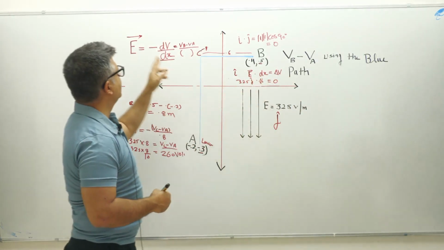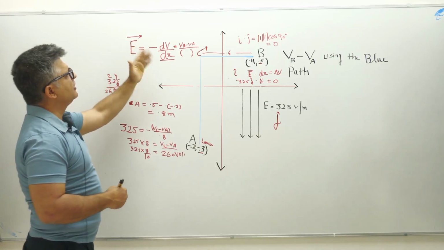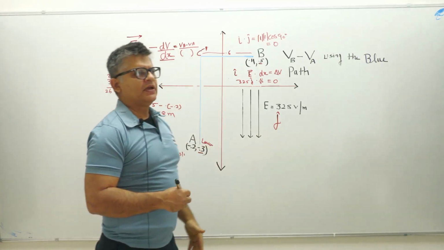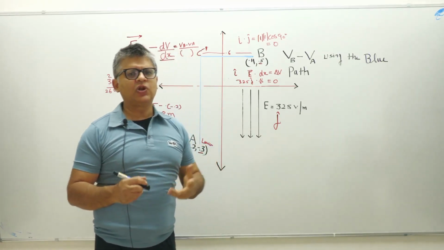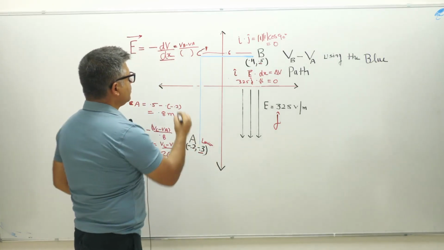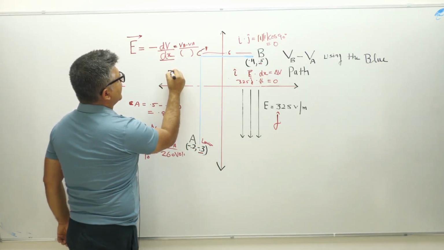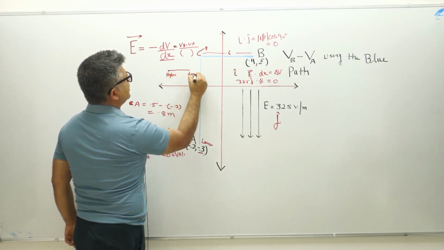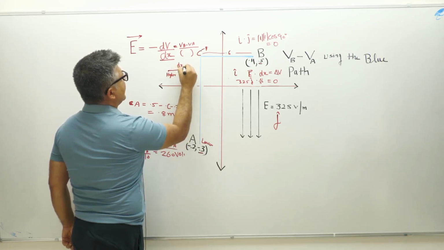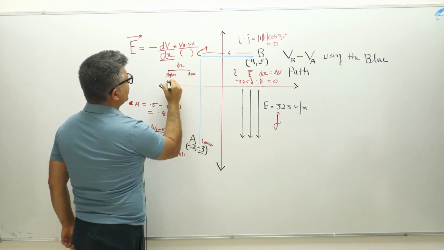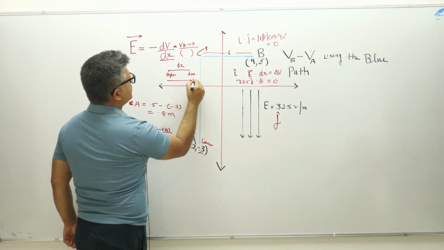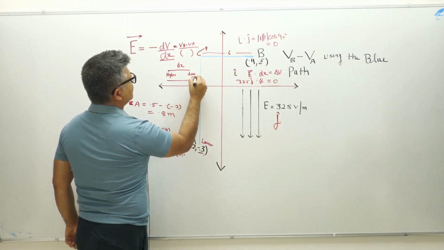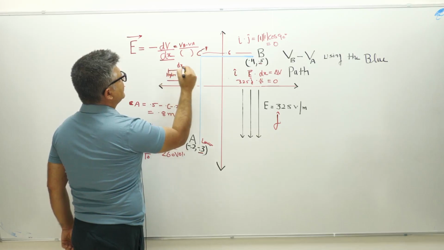So when I write this equation, which is a dot product of E dot dr equal to delta V, this essentially takes care of your signs and whatever is increasing or decreasing, you will automatically get. Because if you're moving from here to here and your potential here is higher and your potential here is lower, this is your dx. This is going to be the direction of your electric field, right? And this is at higher potential.